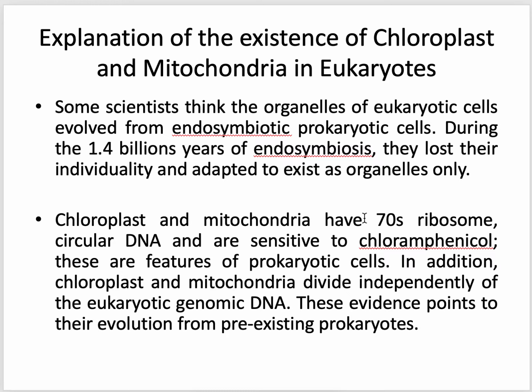So it is highly likely that chloroplast and mitochondria were once individual prokaryotes, but through endosymbiosis they became organelles of the eukaryotic cells. In addition, chloroplast and mitochondria divide independently of the eukaryotic genomic DNA. Not only do they have 70S ribosome, circular DNA, and sensitivity to chloramphenicol, but this is additional logic.